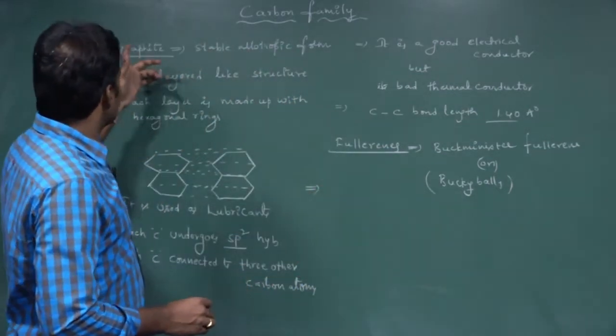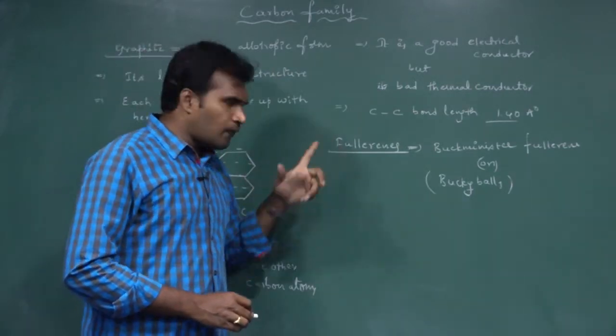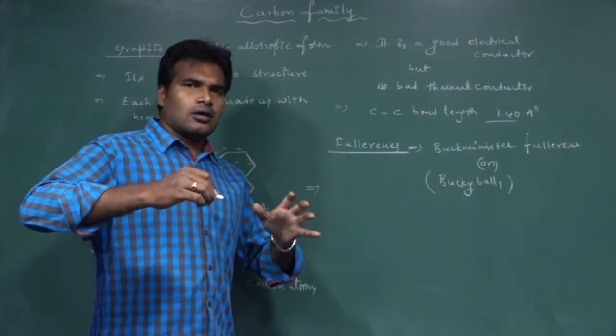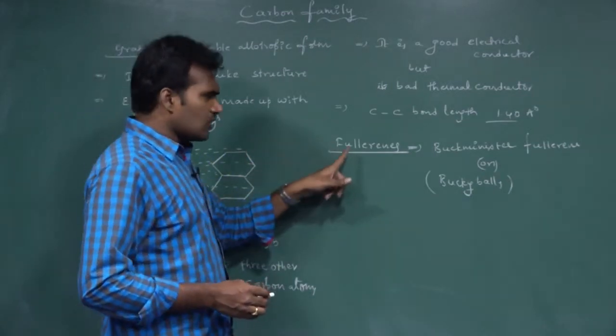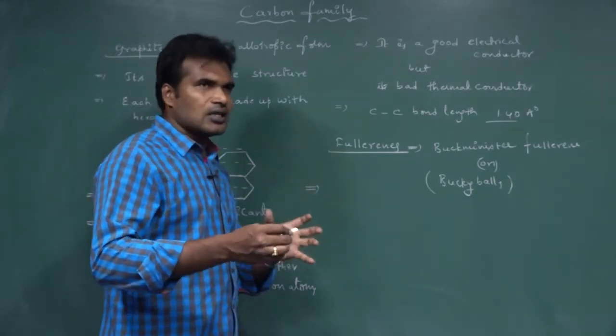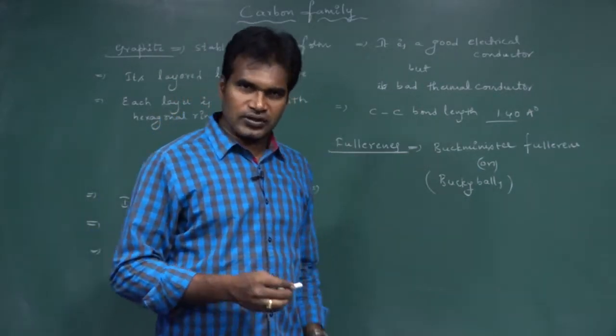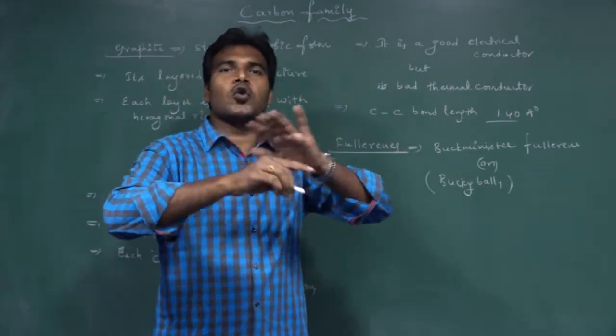Unlike diamond and graphite, fullerenes exist in many forms based upon the number of carbon atoms. Fullerenes are like a soccer ball like structure. It is also a cage like structure, but it's closed.